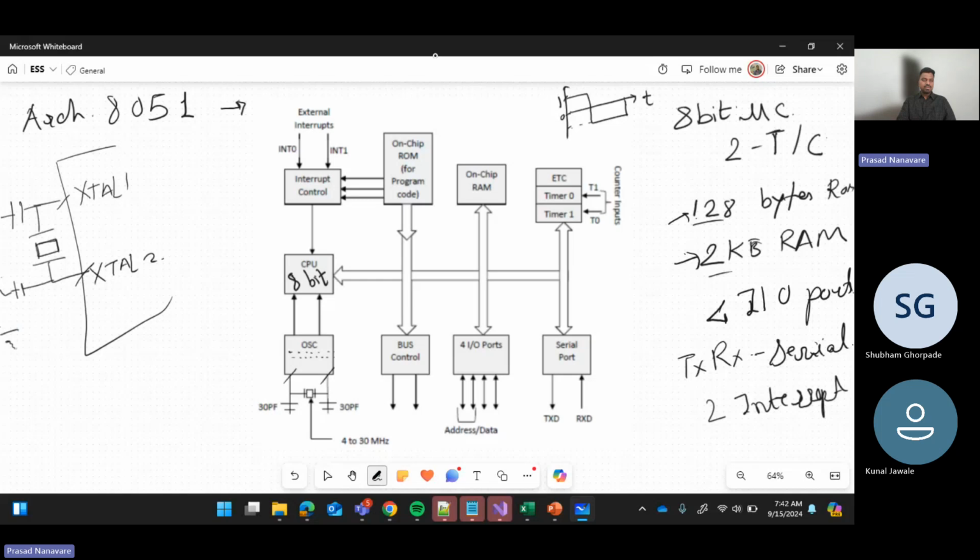Now I'll tell you how this crystal generates a constant frequency, and why we need this oscillator in place. This crystal could be any natural crystal like quartz. These crystals have a property called the piezoelectric effect.